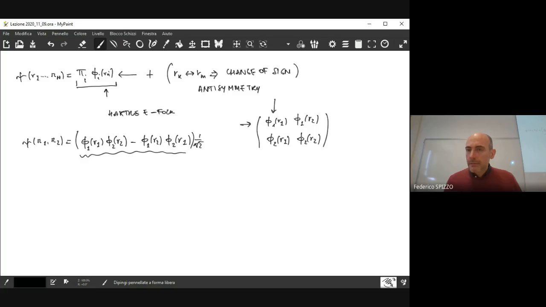If you make the determinant of this matrix, then the determinant is exactly this term here.